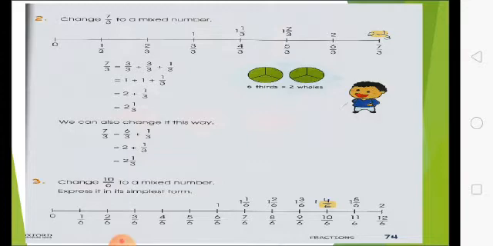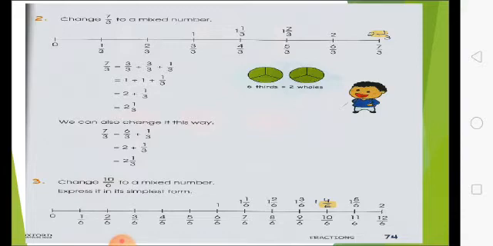We have the improper fraction 4 by 3, which equals the mixed number 1 whole 1 by 3, and next we have 5 by 3, which equals the mixed number 1 whole 2 by 3, and next to it is 6 by 3, which equals 2 wholes.